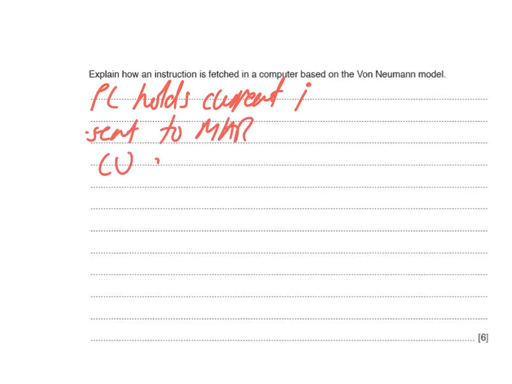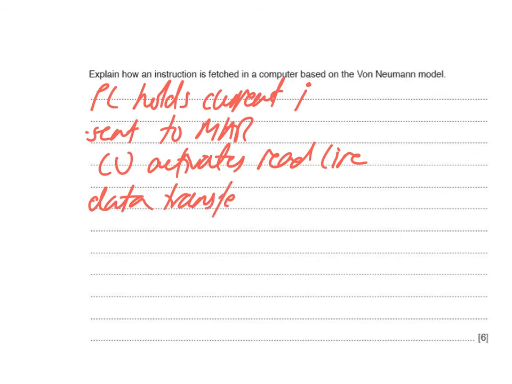The control unit activates the read line, or sends the instruction to say carry out the read instruction. You could say then data transferred to MDR via data bus.